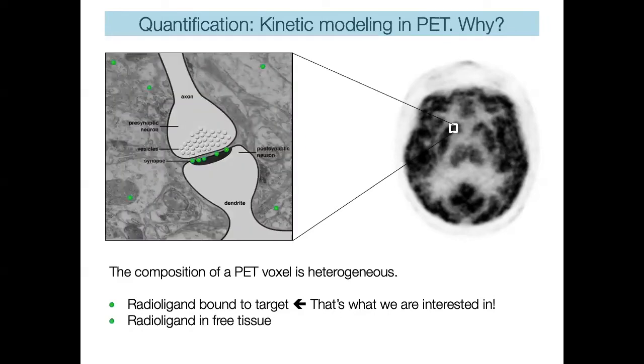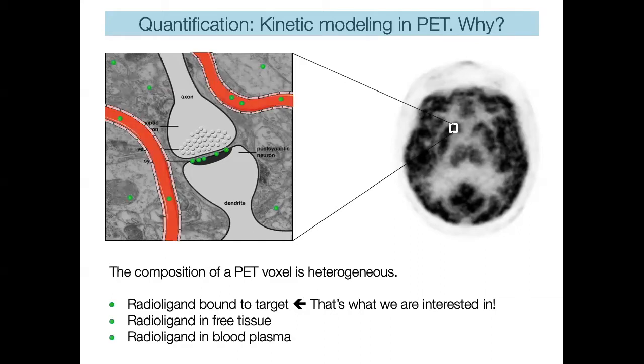You also see that there is some radioligand that can be floating in free tissue because, right, we're injecting it into the bloodstream and it diffuses into free tissue. So not all of your radiotracer is sitting at that ideal target. So that's also in your voxel. In addition to that, in your voxel there are maybe some blood vessels where radioligand is still passing through. It might be diffusing in and diffusing out, but there might still be residual radioligand in blood plasma that can change over the course of your PET scan.